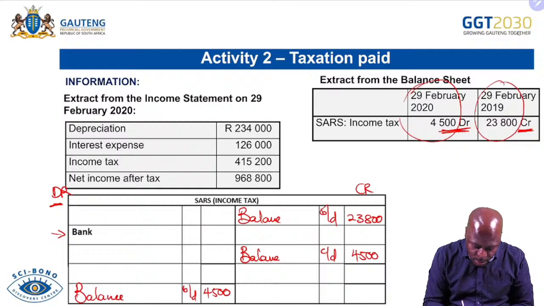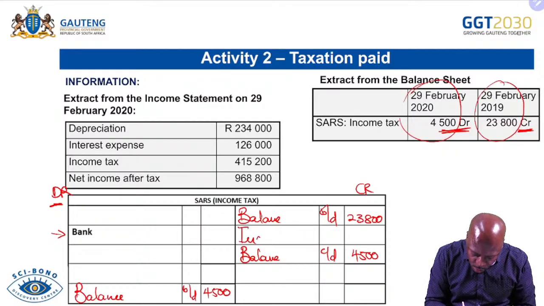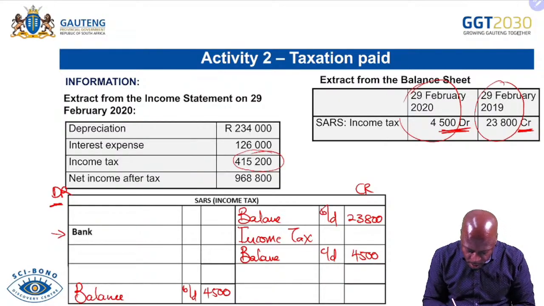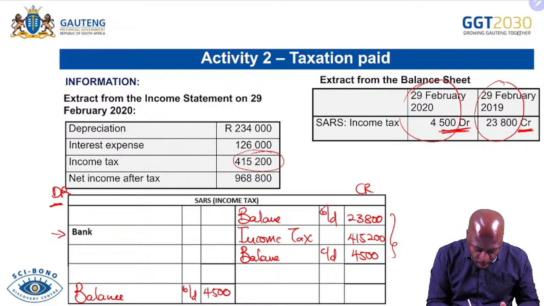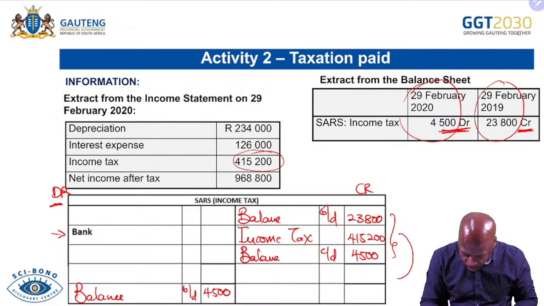My last item, which is also cast in stone, never to be moved, is my income tax for the year. And my income tax is 415,200. So I'm going to come here. I have my 415,200. Since there is nothing on my debit side, I'm just going to add my credit side.